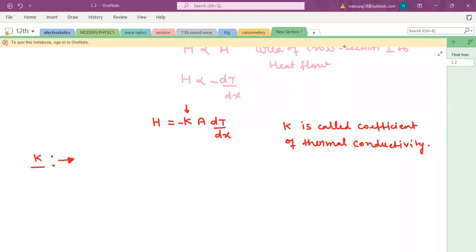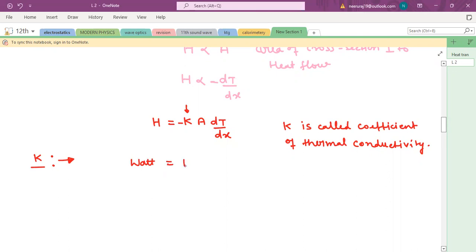Let's talk about K. What is K? K is called the coefficient of thermal conductivity. Sometimes they ask about the unit and dimension of K, which you can calculate. H is the heat current, which is energy per second, so the unit of H is watt, that is joule per second.